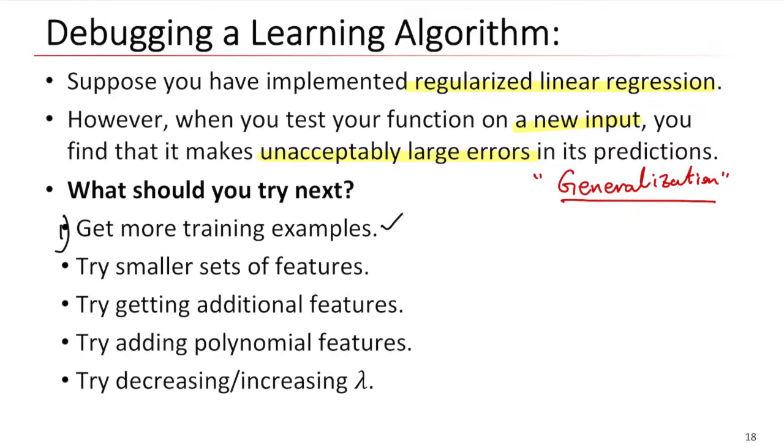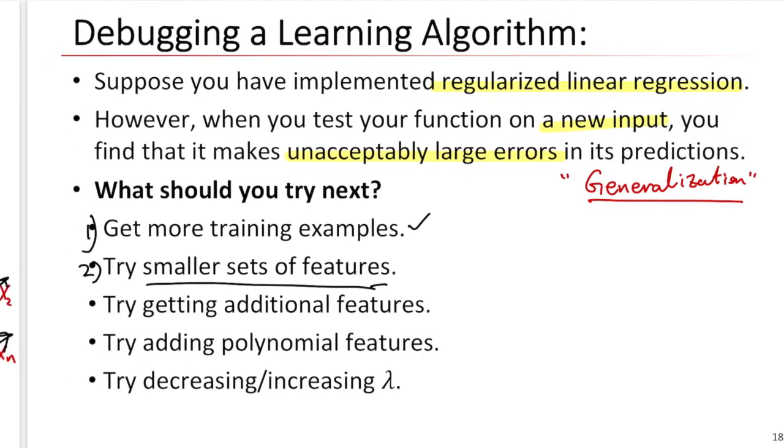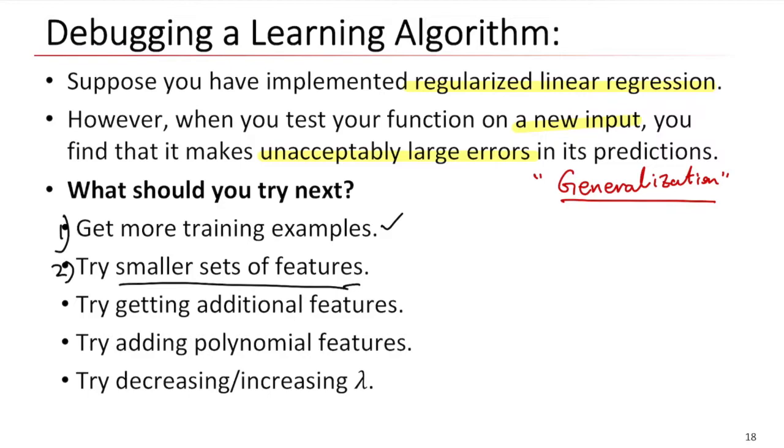Another way is to try a smaller set of features. If there is a generalization problem, there may be some redundant features, so we can use an optimal set of features rather than every feature. Or try to get additional features.